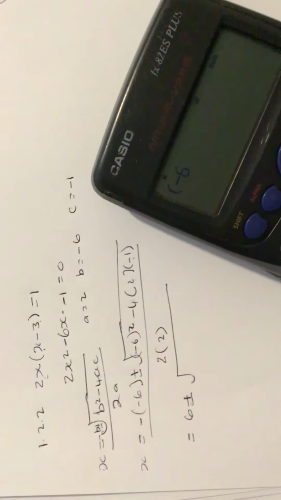And then from there, you determine now using a calculator. So you first start with the positive, and then you do the negative. So it's going to be 6 plus square root of 44 over 4.